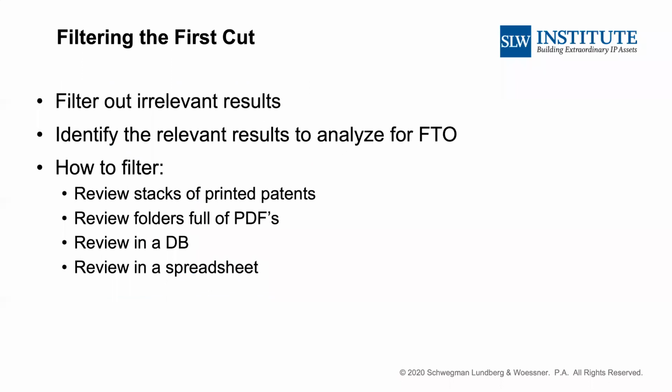Anyone that's ever done an FTO, or done a number of them, because you may not get it the first time, usually ends up with a lot of patents that come through on the searches that meet your search criteria, or are forward and backward citations that pull into the pot. You end up with this big pot full of patents, almost 90% of which are completely irrelevant.